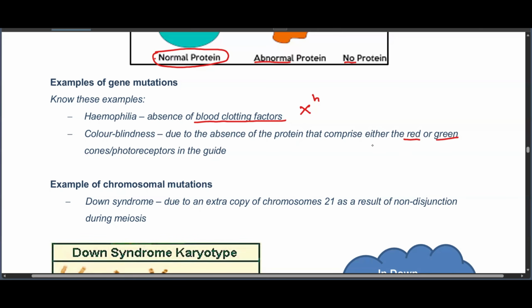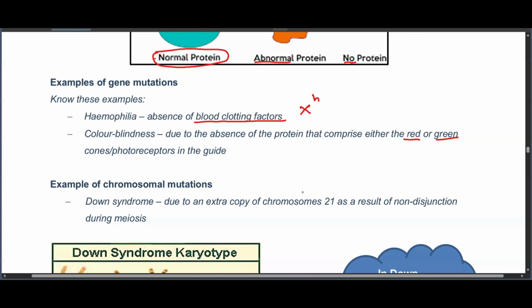It's because inside your eyes, we've got these things known as photoreceptors. We're still going to do the response topic, but basically we've got receptors known as photoreceptors, the ones that help you to recognize different colors.